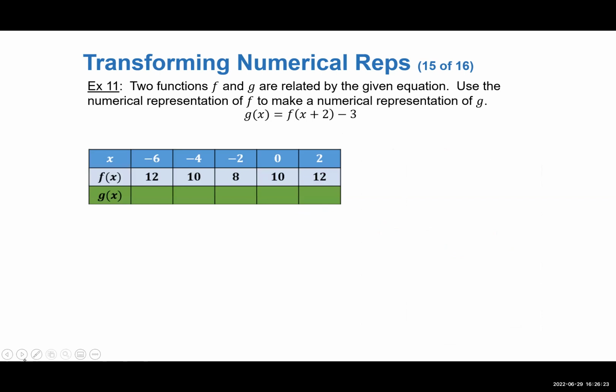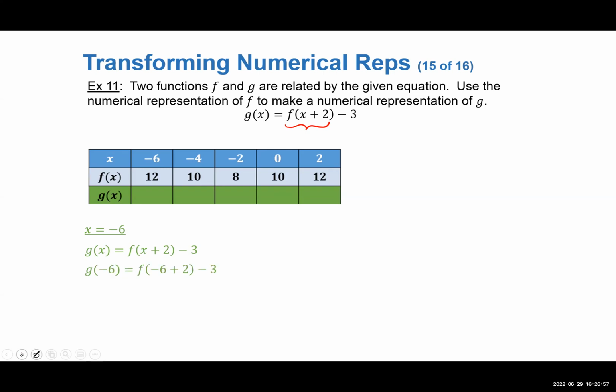Okay, here we have another one. We're gonna take those values that we shifted to the left 2 units, and we're going to subtract 3. So we're going to actually take our entire function value and move it down 3 units. So for x equals -6, g of x is equal to f of -6 plus 2, which will become -4. And then we take that -4 value, which is 10, and we subtract 3 from it.